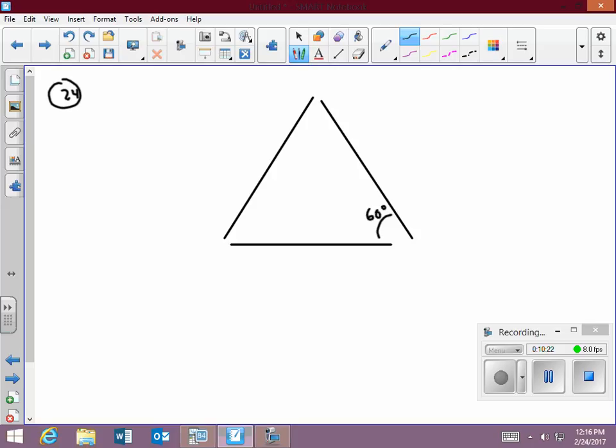Because there's 180 degrees in the triangle, and equilateral says all the angles are equal and all the sides are equal. The height has to be perpendicular to be defined as a height, and it bisects the base.